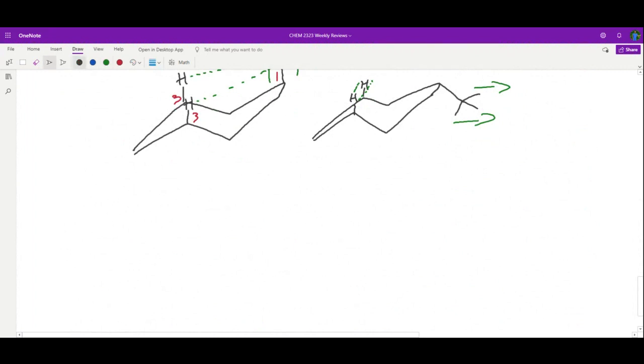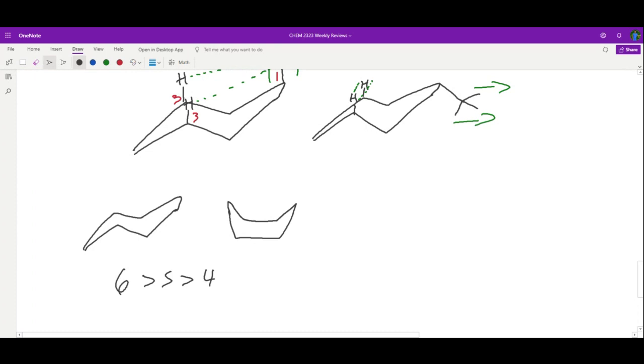Something else, and I'm not sure if I can draw this properly, but chairs are based off 6-membered rings, but there's something called a boat, which technically is also 6. I'm not sure if I drew this correctly, but basically 6 is obviously greater than 5, which is greater than 4.